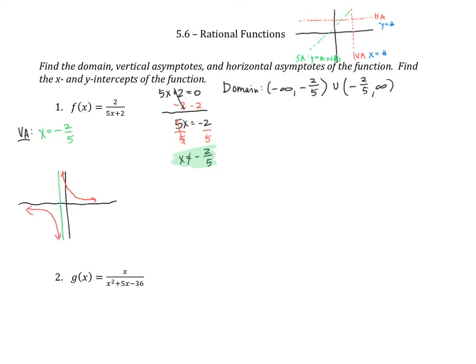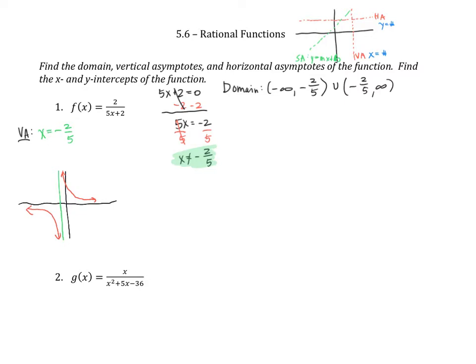It approaches the green line, but it never crosses it, because x cannot be negative 2/5, which is what we found in the domain. So your vertical asymptote is an imaginary line that your graph cannot cross because x cannot be that value. That's why vertical asymptotes are associated with the denominator. To find them, you do it the same way you find the domain: you look at the denominator and find out when it will be 0.